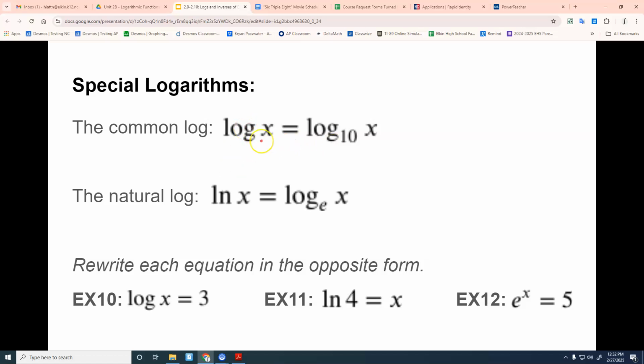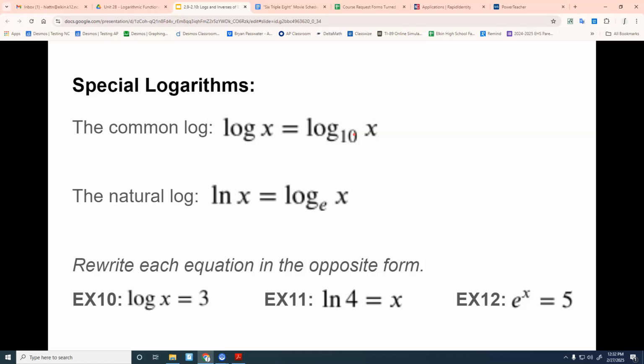It is interesting to me. AP Calculus seems to always put the 10 there, which I find odd because every pre-calculus book or stuff that I've seen before, they pretty regularly use log x without putting a base on it for their log base 10. But it appears to me on the stuff I've seen AP put out that if they're going to use a log base 10, they write the 10.